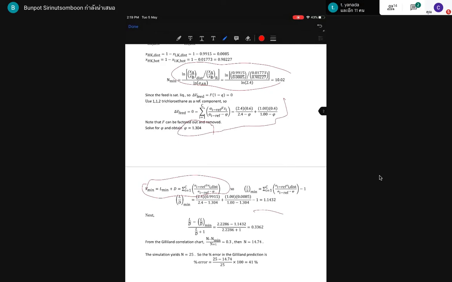Then to find the actual N, we use the Gilliland correlation to solve for N, the actual number of stages.